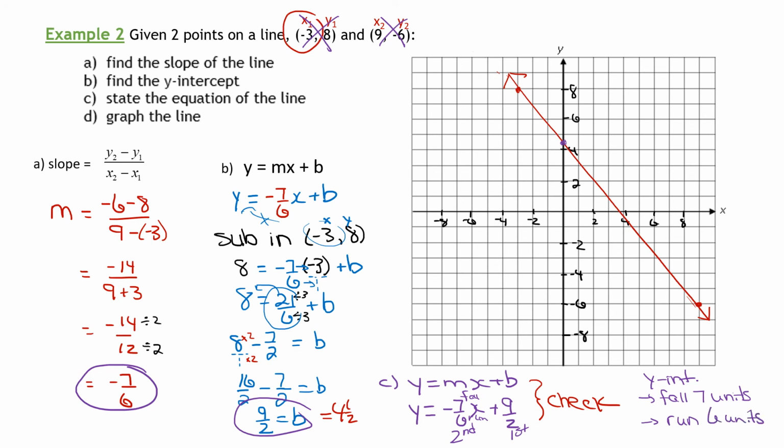So up to my purple dot, first I'm going to fall 7 units. I got to count halfway, right? So 1, 2, 3, 4, 5, 6, 7. So there's my fall of 7 units. Now I'm going to run 6 units. 1, 2, 3, 4, 5, 6.